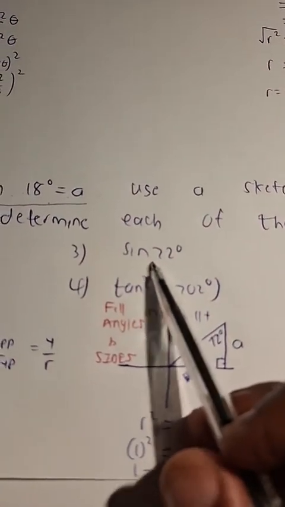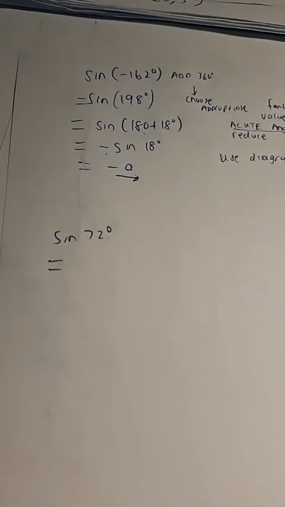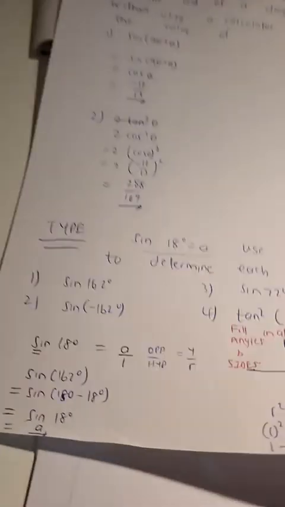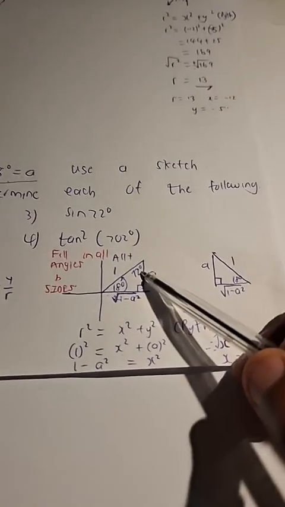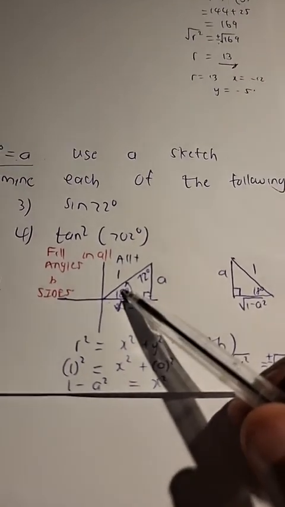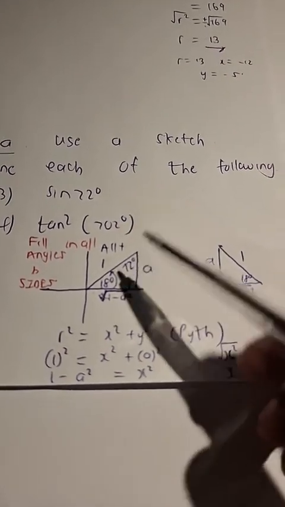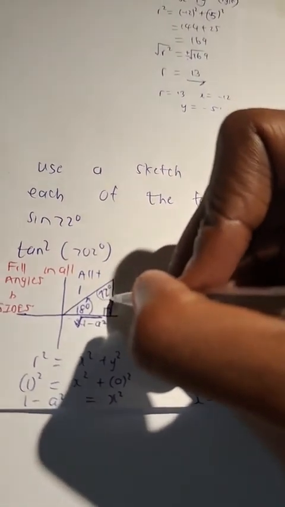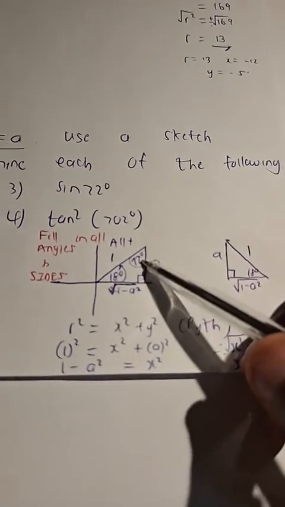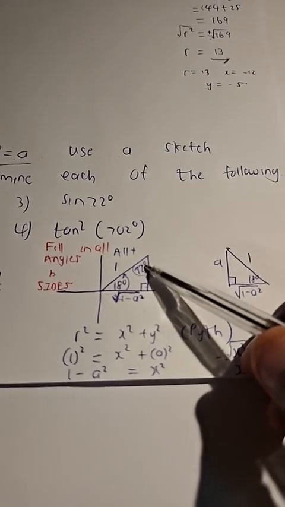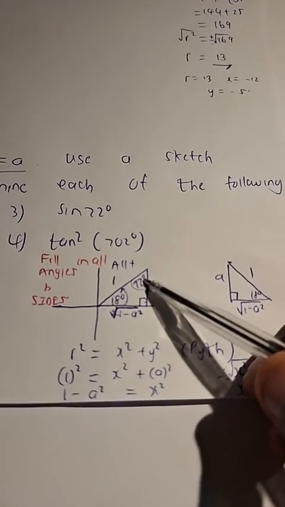Okay. Let's look at the next one. Oh, okay, this one is quite easy. They're saying sine of 72 degrees. Now guys, seeing as though we have 72 degrees in our diagram, remember I said fill in all the angles in the diagram. So sine of 72. This is our angle of reference, right? If we're looking at this angle, what is sine according to our definition?